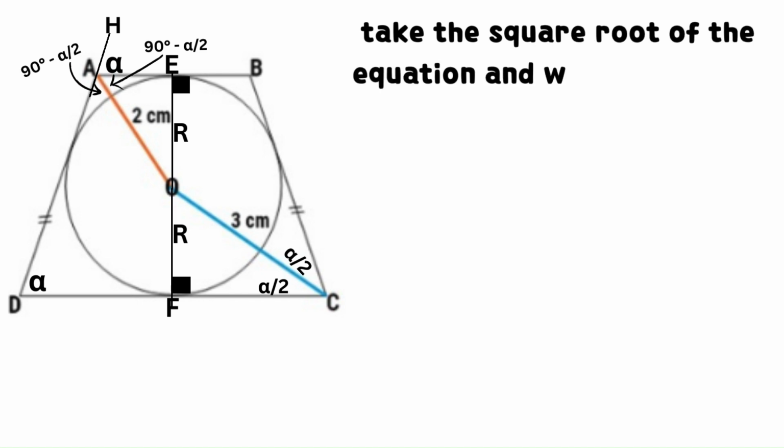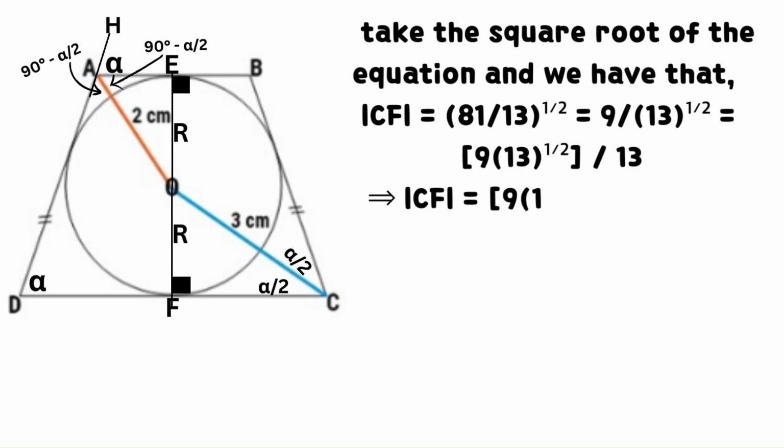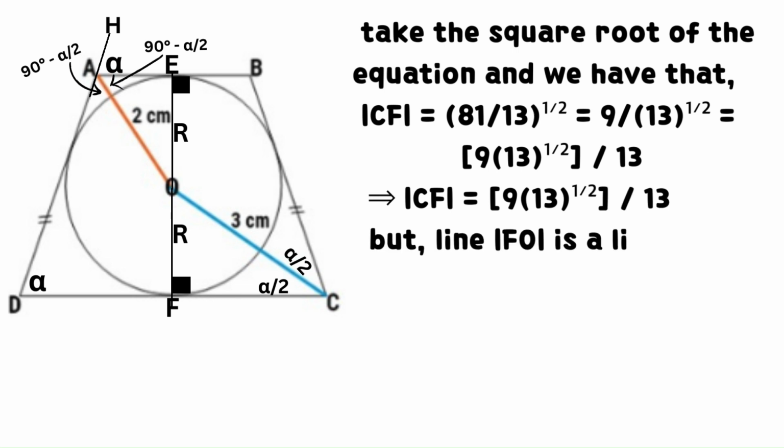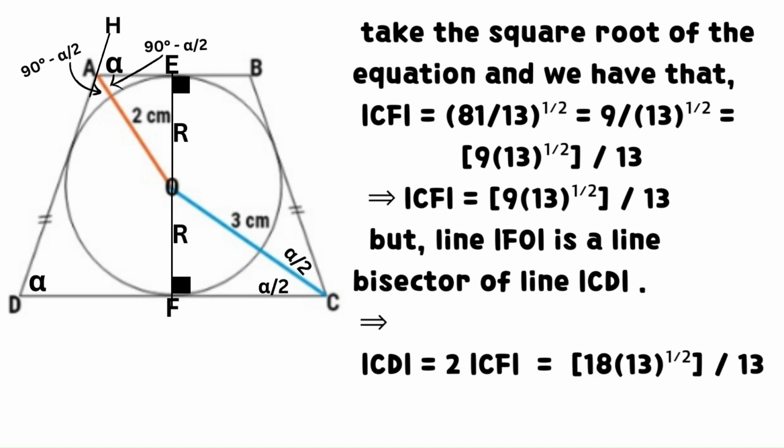Take the square root of the equation, and we have that the length of line CF equals 9 times the square root of 13 all divided by 13. But line FO is a line bisector of line CD. It implies that CD equals the product of 2 and CF, which equals 18 times the square root of 13 all divided by 13.